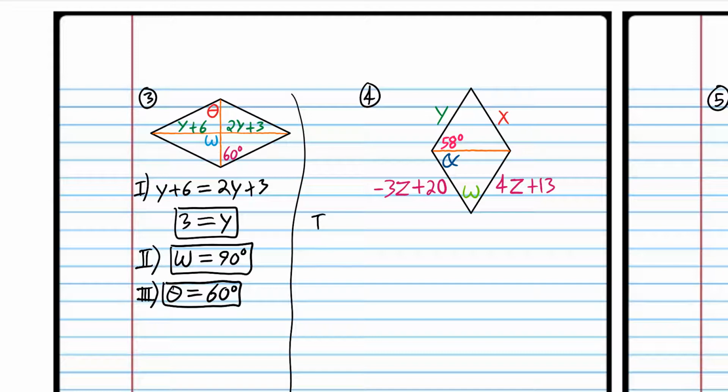All right, we're back. So the sides are congruent, so I know that those sides must be equal to each other. And now I'm going to add 3z to both sides, subtract 13 from both sides, and we get z is equal to 1.